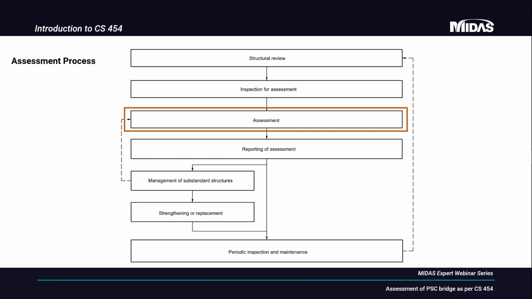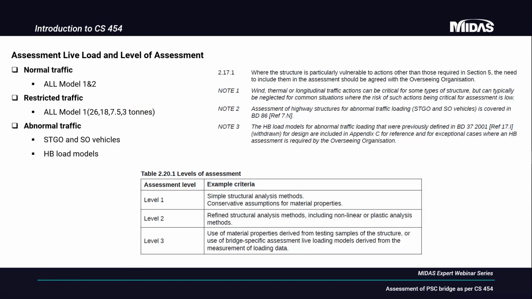So the point is, here we are mostly going to focus on assessment of structure and the results which will be used for reporting of assessment. Now coming to the assessment live load and levels of assessment. The characteristic action for traffic loading on the carriageway shall be defined for assessment using an assessment live loading model.